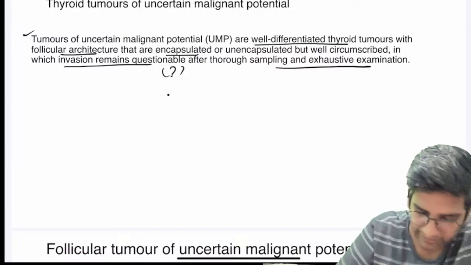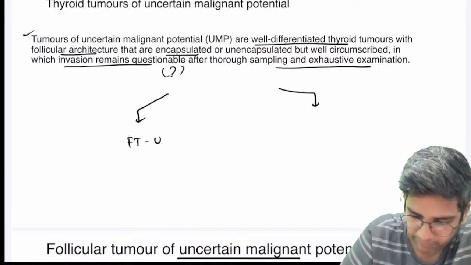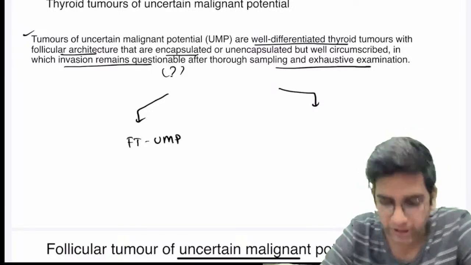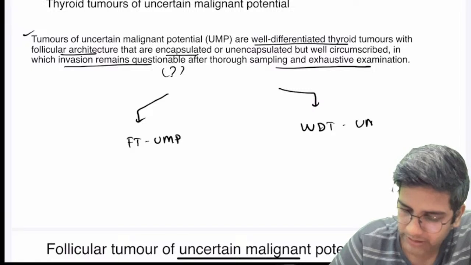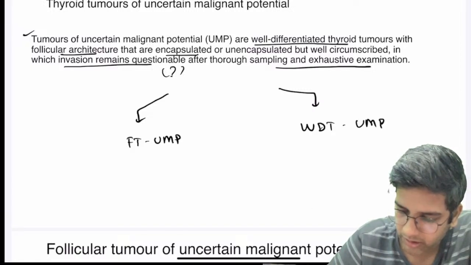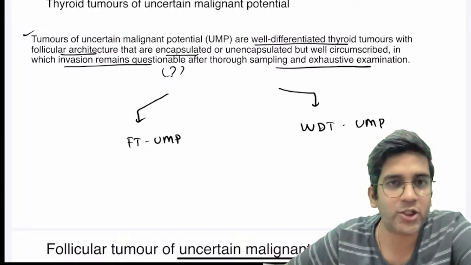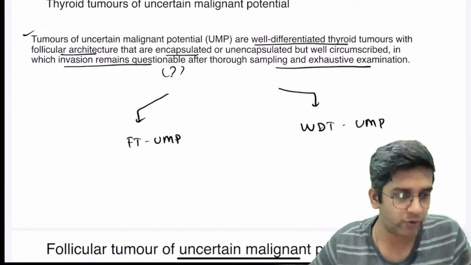In this, I have two types of UMPs. One we call FT-UMP, which is follicular tumor of uncertain malignant potential. The other one is WDT-UMP, which is well differentiated tumor of uncertain malignant potential, right? These are the two UMPs we have, well differentiated and a follicular type. Okay, clear?